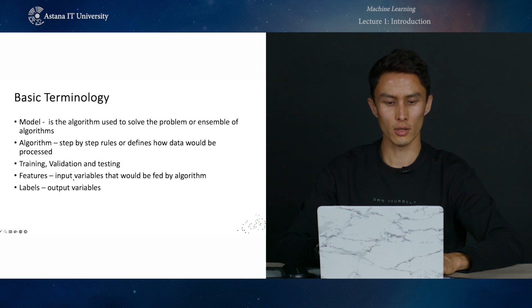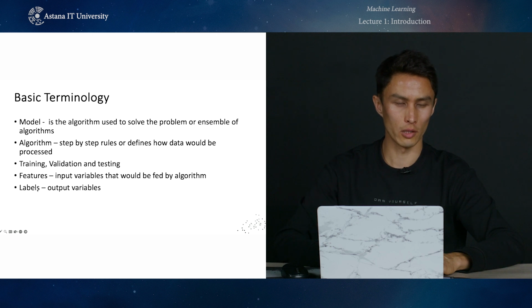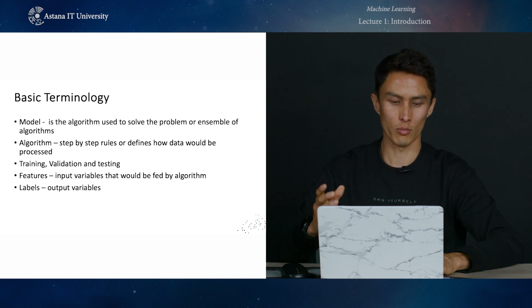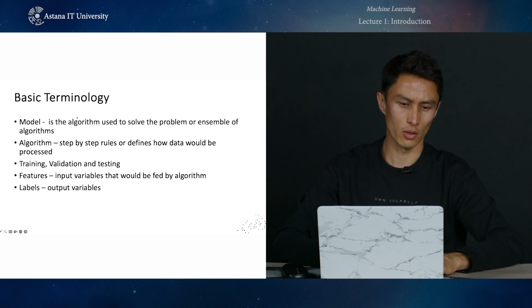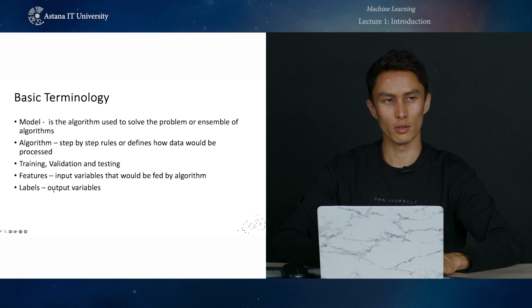So different kinds of features are what make a machine learning model learn. We can also label different objects: this is a human, this is a dog, so different types of persons and dogs can be labeled in order to train machine learning algorithms. So this is in general the basic terminology, but there is some other terminology that we didn't cover here.